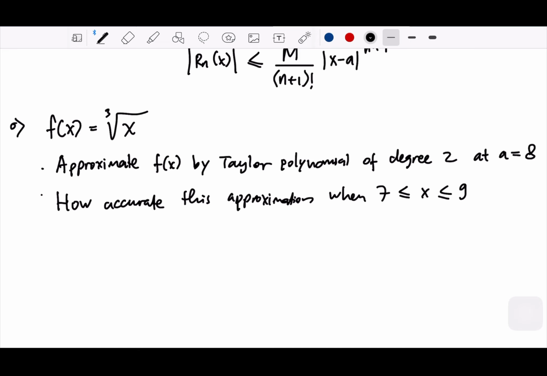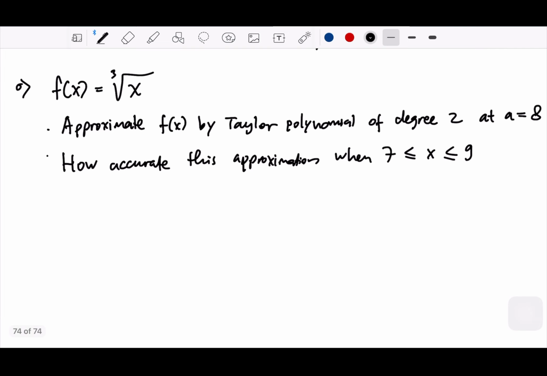Of course, the first thing we need to do when they state some degree of Taylor is to expand the Taylor polynomial first. We need to find the coefficients, and then we take a equals 8 inside the equation for the Taylor series. So first, we can write the function as x to the 1 over 3.